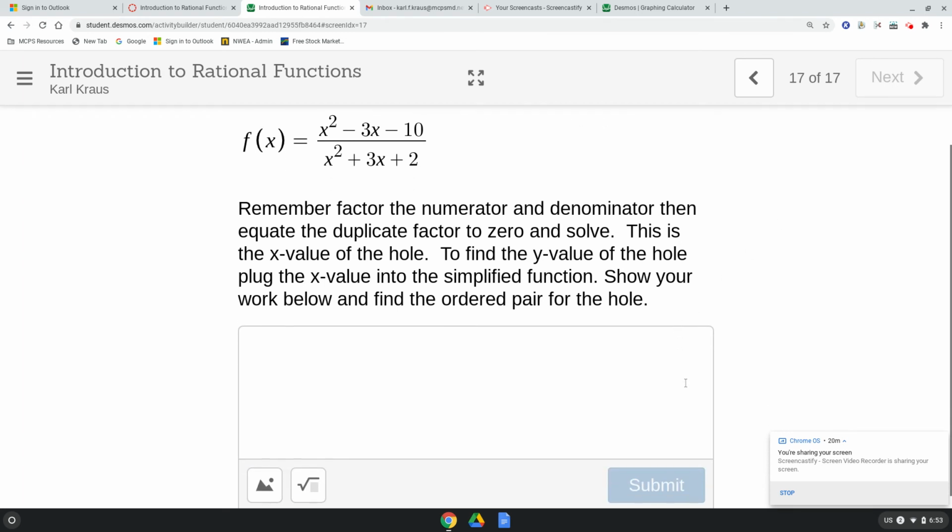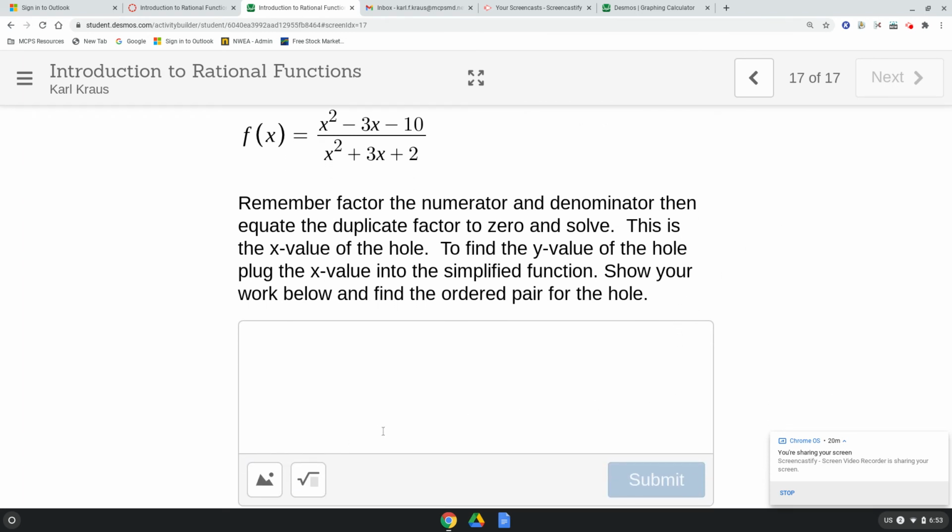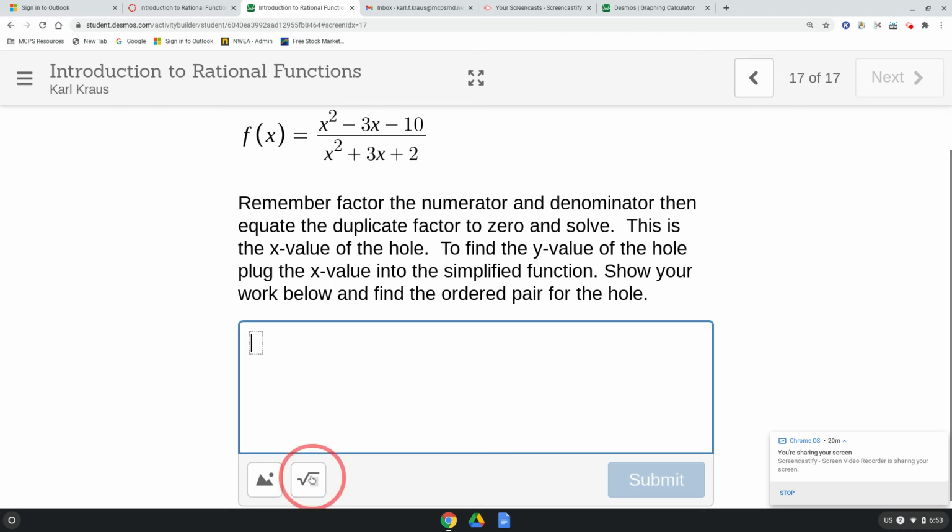And then find the hole. So first you're going to factor the numerator and the denominator.